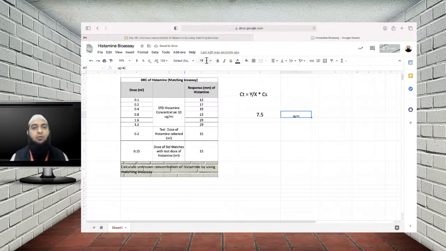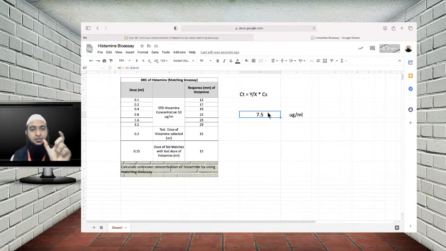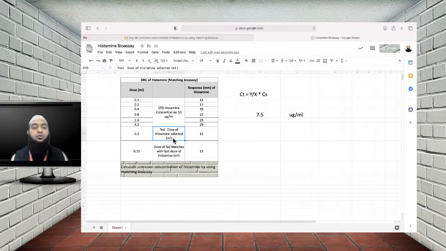So this is how, by using the matching bioassay, we can calculate the unknown concentration of the histamine. Just to revise, the very important thing is that first you take the DRC of the histamine. No need to calculate percentage response as we did in the case of the acetylcholine bioassay. Second, you need to select the test dose of the histamine which falls between the smaller dose of the standard and the bigger dose of the standard.